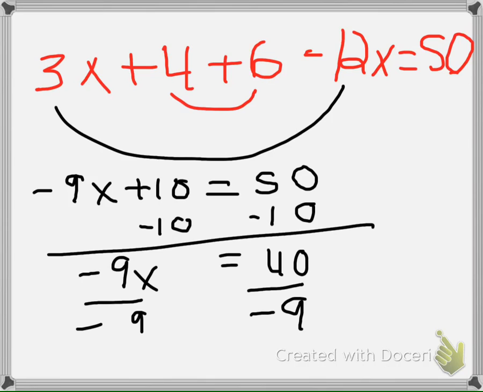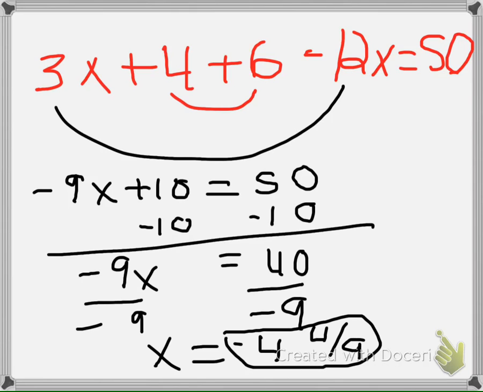I know that 4 times 9 is 36, so negative 9 can go into 40 4 times, going to be a -4, because a positive divided by a negative is negative, and there will be 4/9 left. You're probably getting a decimal because you're probably using your calculator.